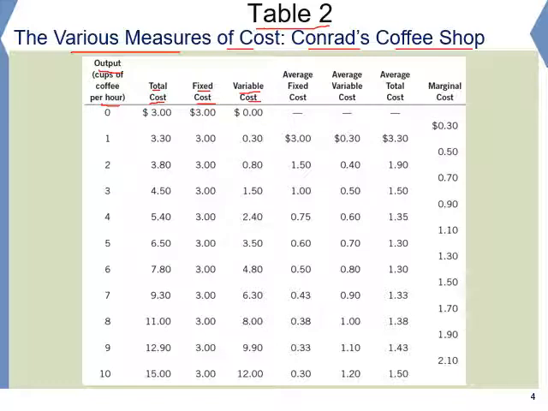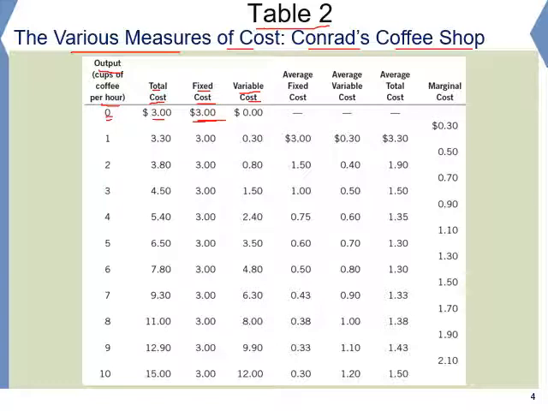So for instance, if Corner produces 0 cups of coffee, the total cost is $3. So the total fixed cost also should be $3, because the total fixed cost is the cost which does not depend on the output. Regardless of whether you produce or not, you're going to pay the fixed cost in the short term.